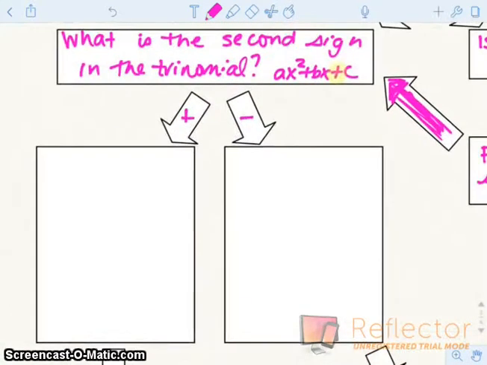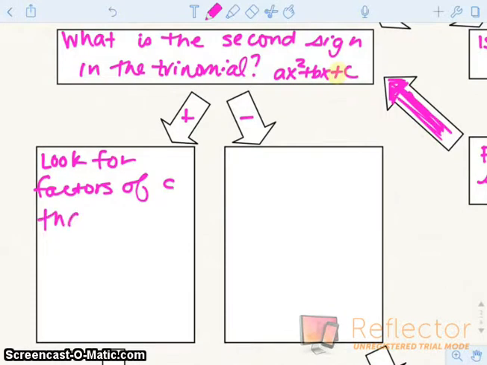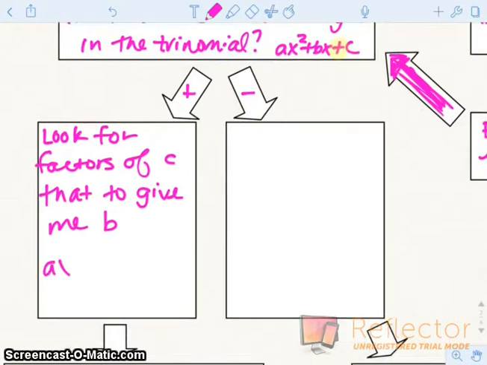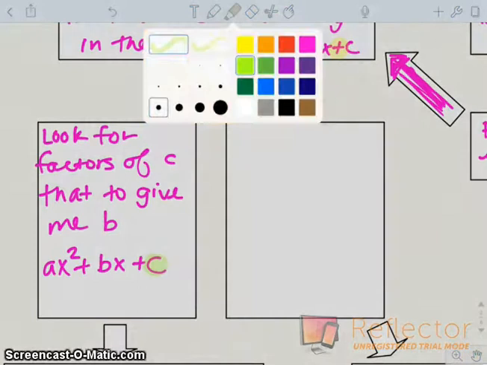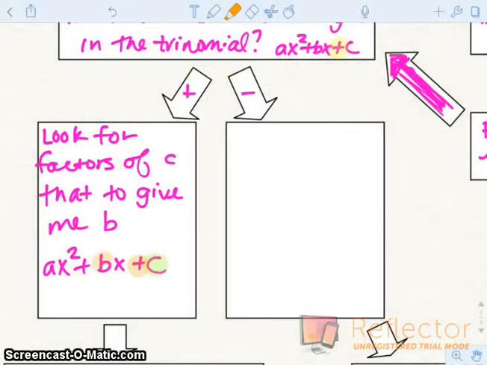Now, if it's a plus, I'm going to look for factors of c, meaning the constant on the end, that add to give me b. So in ax squared plus bx plus c, I'd be looking for factors of c that would add to give me the number b. Remember, a, b, and c are numbers here. They'd be constants.